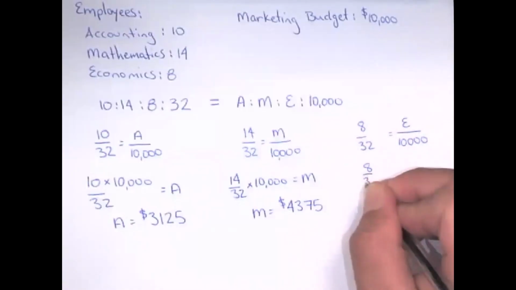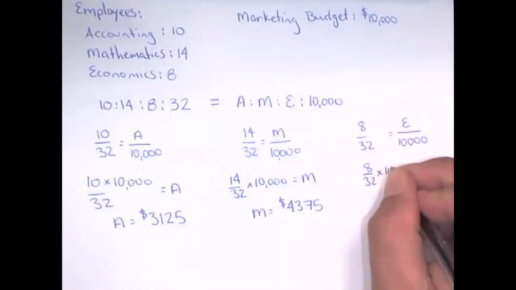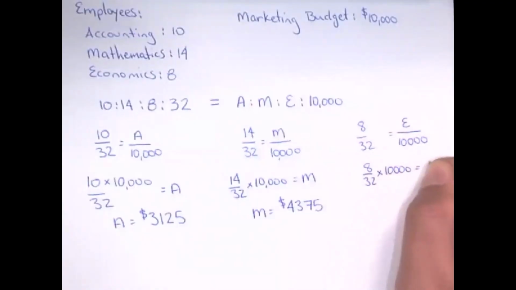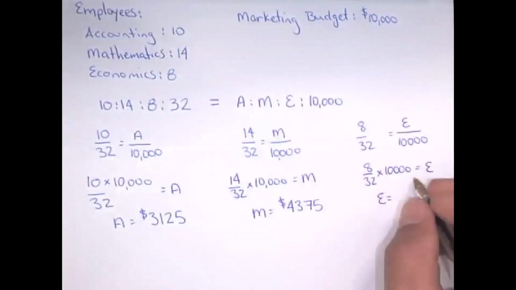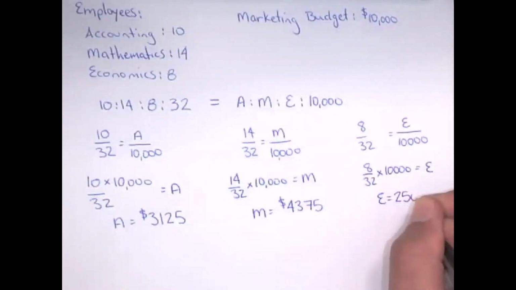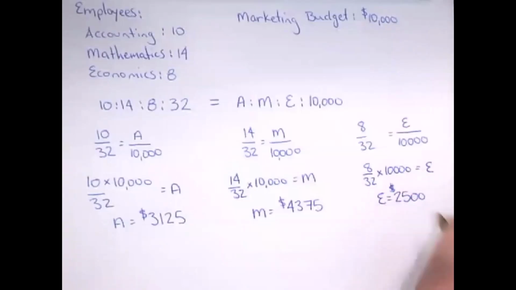So 8 over 32 times 10,000, and so we get our economist budget here is $2,500. Again, that seems like it's a sensible amount. It's a quarter of the employees and a quarter of the budget.